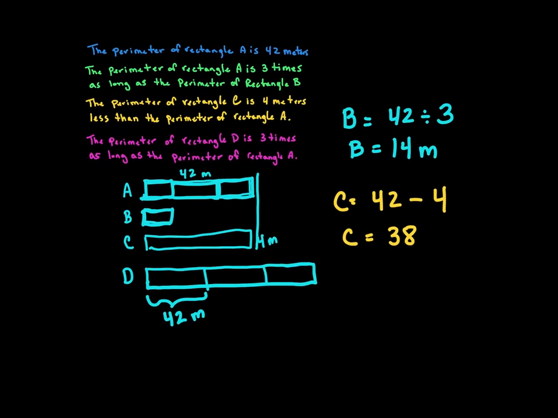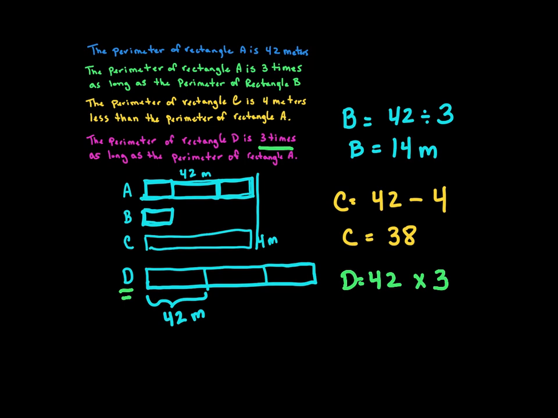Now we're on to rectangle D. D is 3 times as long as the perimeter of rectangle A. So this one, D, is definitely bigger than A. And it's 3 times as long. That's that magical comparison there. So we're going to take 42 and multiply it by 3 because it's 3 times as much.